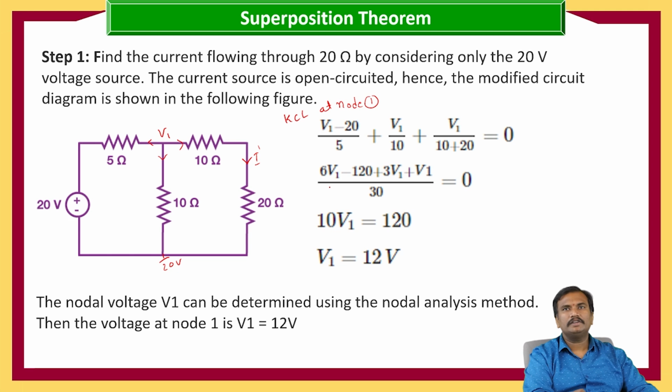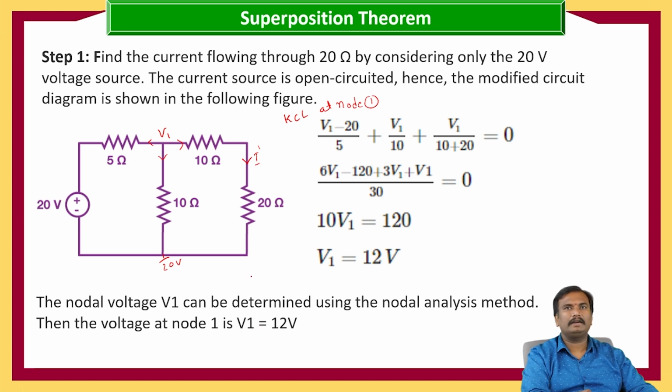So here, 6 into (V1 minus 20) by 30, plus V1, plus V1, which is equal to 10V1 equals 120, where V1 is equal to 12 volts. We got V1 is equal to 12 volts.